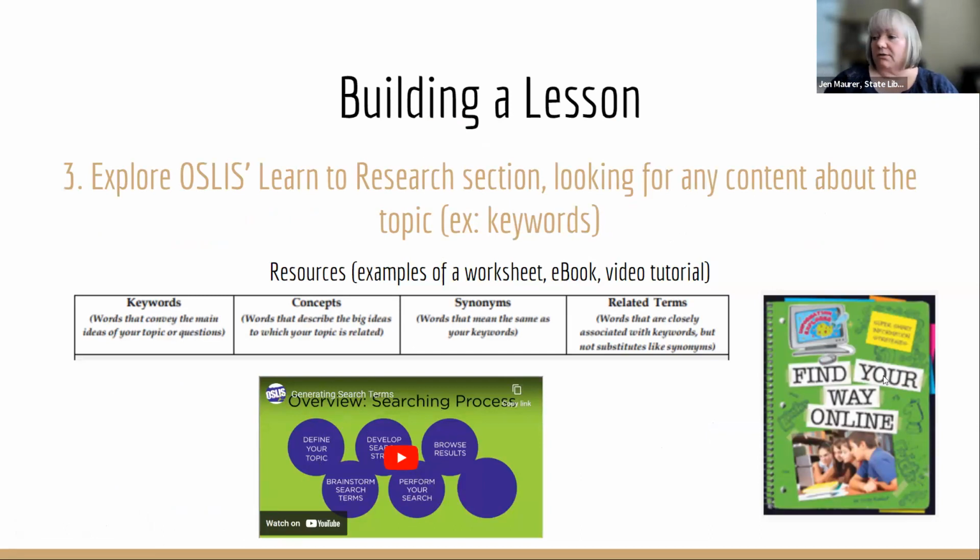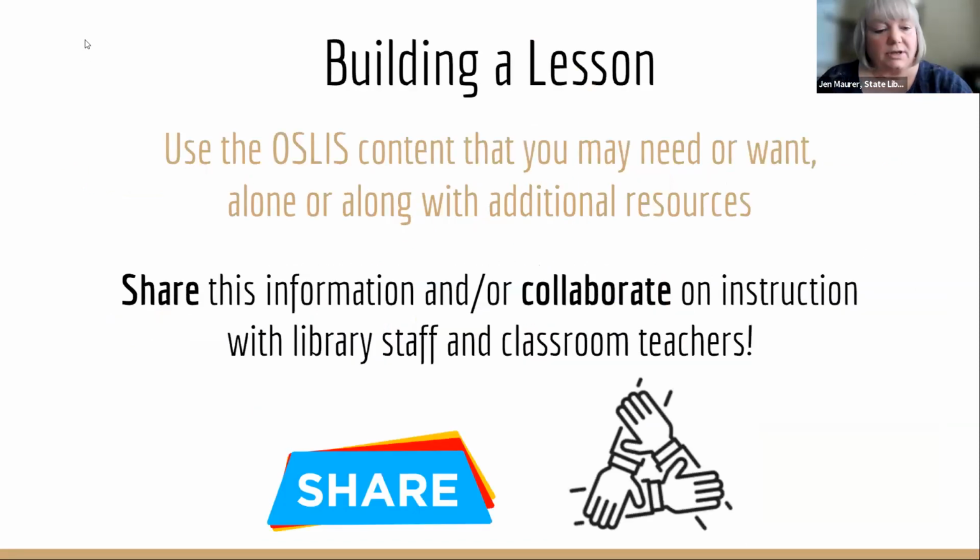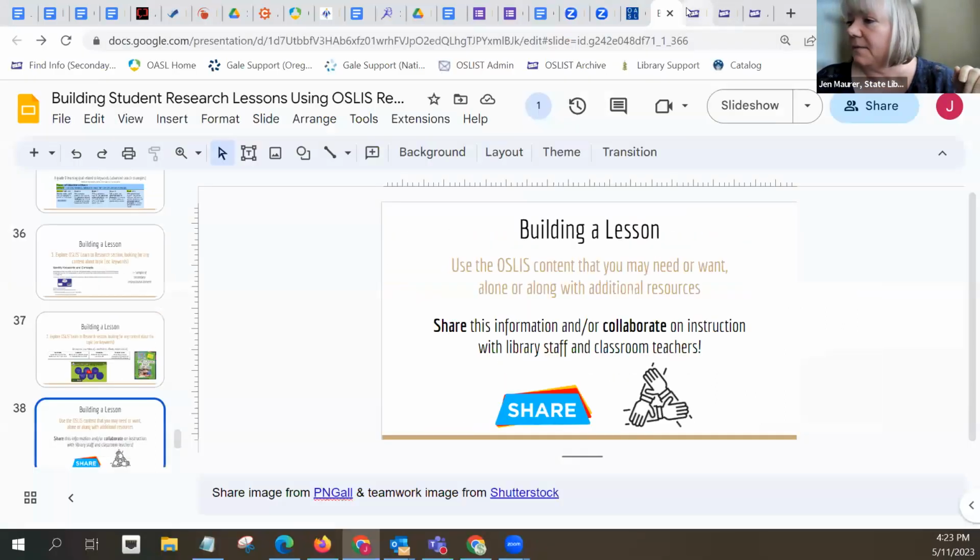There's an ebook called Find Your Way Online that is all about identifying your questions and then breaking those down into keywords. Will there be so much information about every little subtopic you want to teach? No. But there is probably going to be something on every major topic that you would teach students about the research process.